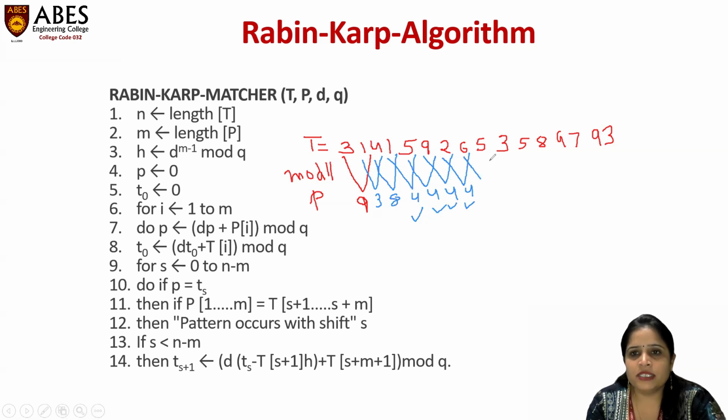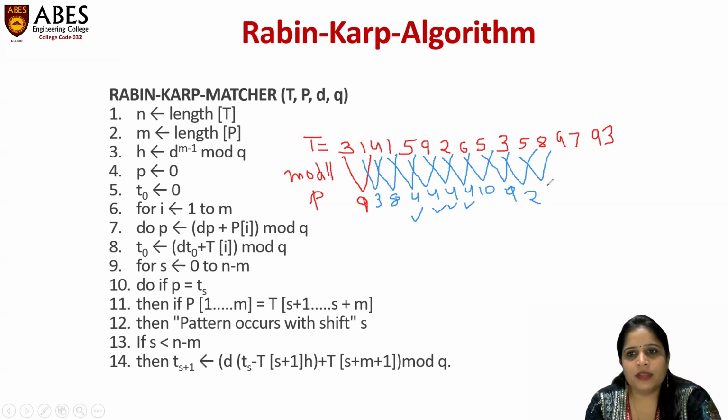Then again we take the next two integers, 65 mod 11, that is 10. Then 53 mod 11 is 9. Then 35 mod 11 is 2. Then 58 mod 11, remainder is 3.